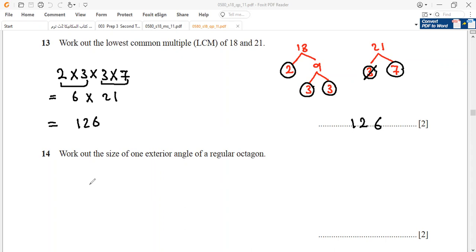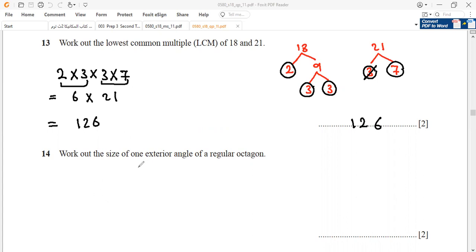Any polygon: triangle, quadrilateral, pentagon, hexagon, heptagon, octagon, decagon, the total measure of the exterior angles is 360, okay, 360.